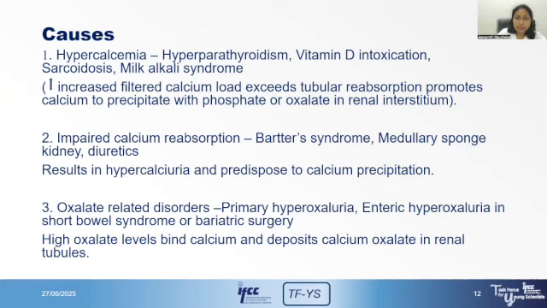In hyperphosphatemic conditions, like chronic kidney disease, high phosphate levels combine with calcium to form calcium phosphate crystals, which then deposit. What about the citrate level? As I showed in my previous slide, it's a chemical inhibitor.